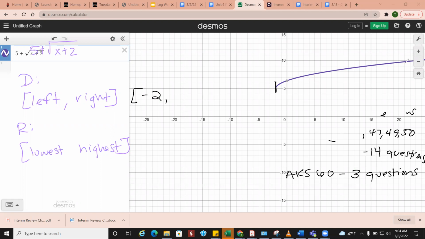How far right does it go? Infinity. For my range, what's my lowest Y value? 5. What's my highest Y value? Infinity. Are there any questions on that?